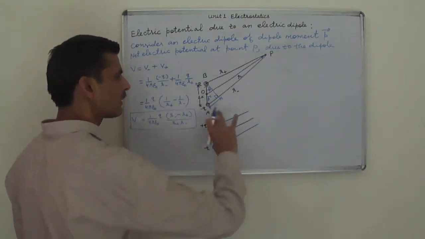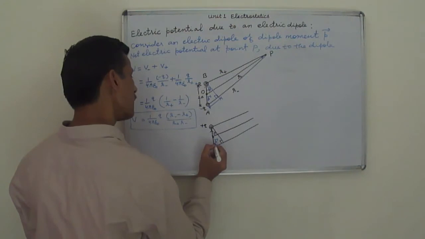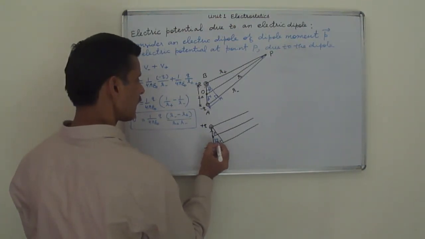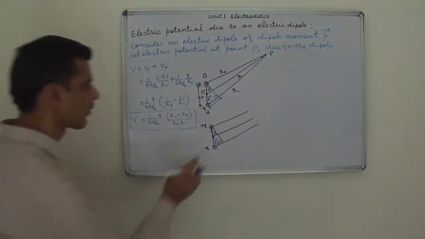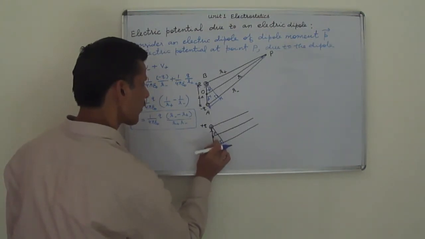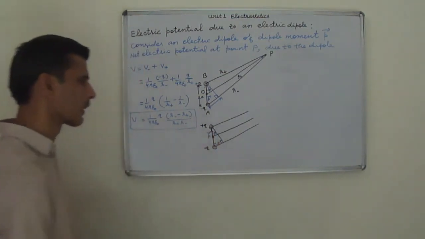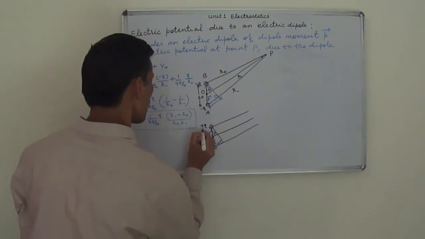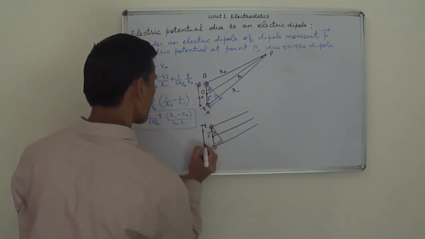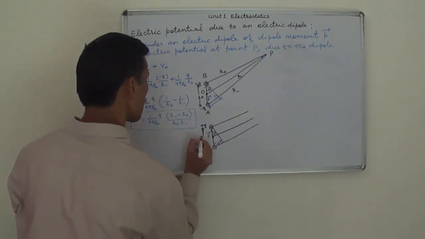Now since these three lines are parallel, you can see this angle is also theta. P vector is this one. And this distance is 2a. Distance between these two charges is 2a.